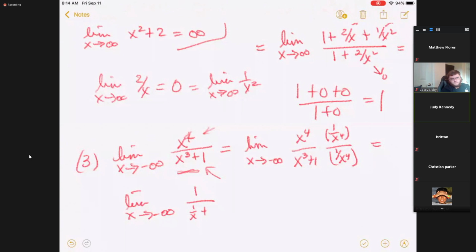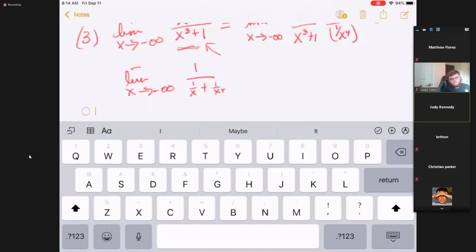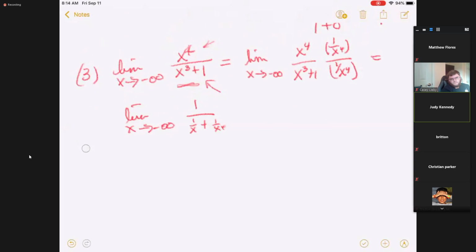I guess you can see from this too, you have a lot of leeway here. As long as you don't change the problem, you can think about it in different ways.